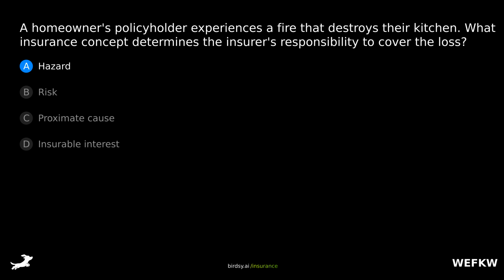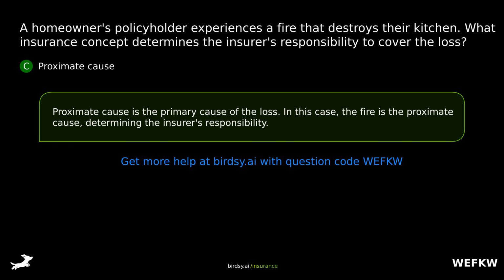Is it A, the concept of hazard, B, the concept of risk, C, the concept of proximate cause, or D, the concept of insurable interest? The answer is C, the concept of proximate cause. Proximate cause is the primary cause of the loss. In this case, the fire is the proximate cause, determining the insurer's responsibility.